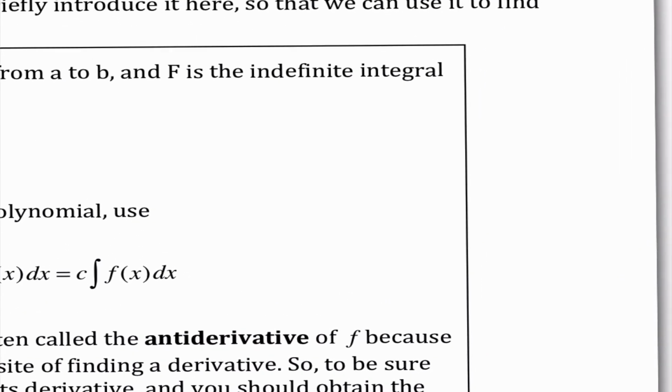Okay, so I just want to do a few of these off to the side before we get into real problems. So let's say we had something like 3x squared minus x dx. Okay, so if I'm looking at this first term here, I'm going to say capital F of x.